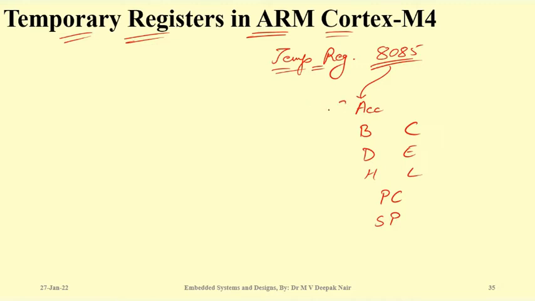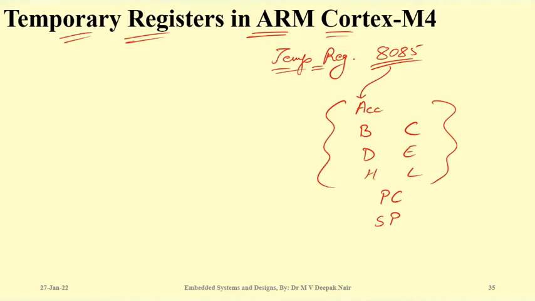So it has got a very limited number of temporary registers. You might have used the temporary registers to program 8085, and in some stages you might have thought that there would have been more temporary registers to help in my program, right? There were many instances when I used to think that it has got only 6 or 5 temporary registers.